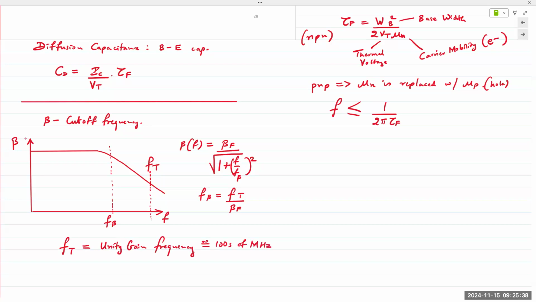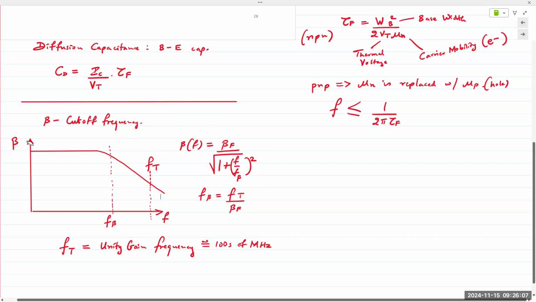So if you keep increasing the input frequency, at some point the current gain of the BJT is going to drop to 1, and that frequency is known as Ft, the unity gain frequency. And that divided by beta F gives us F beta. And the transfer function for beta as a function of frequency is here. High frequency circuit design is a whole different area of study.